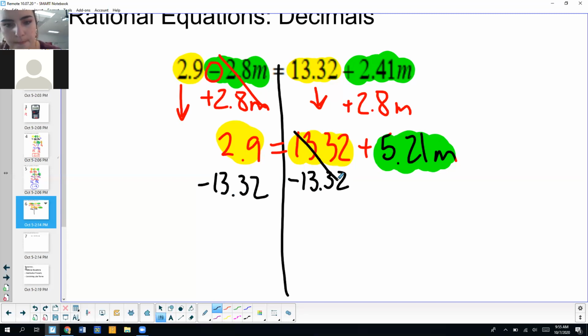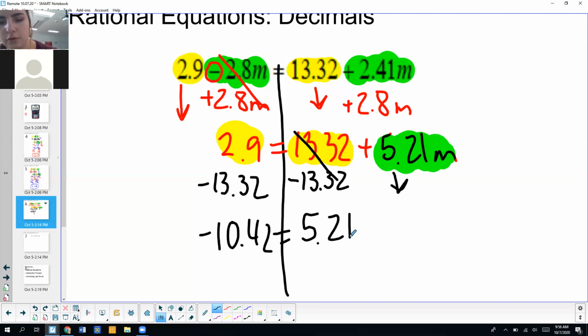All right. So over here on the left, we're going to enter 2.9 minus 13.32. And we're going to get negative 10.42 equals, I'm going to bring down 5.21 m.